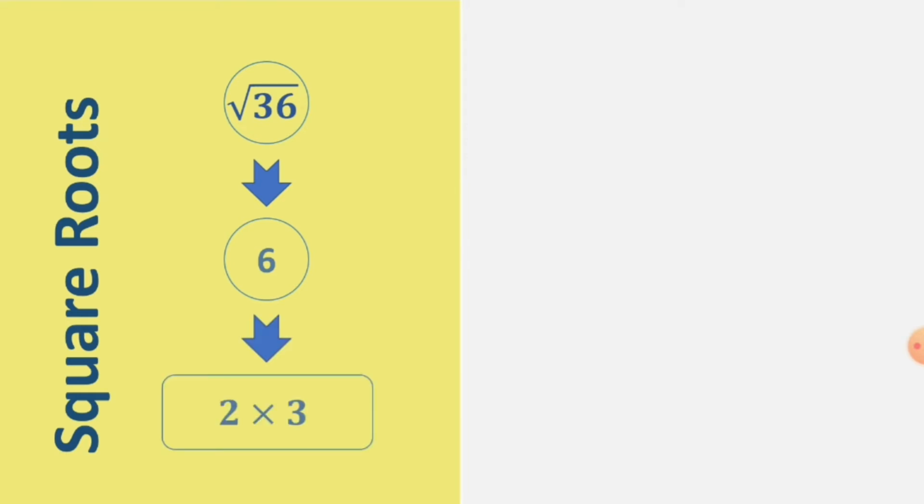Now, think about the result of the square root of 36. Yes, it is 6. We know that the prime factorization of 6 is 2 times 3. Let's compare it with the prime factorization of 36. 36 is an even number, so we can write it as a multiplication of 2 with a number, and that number is 18.